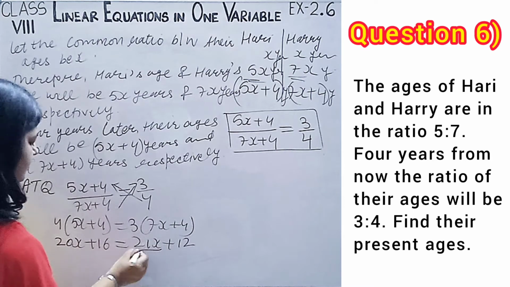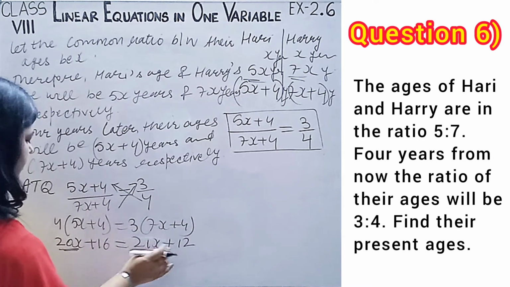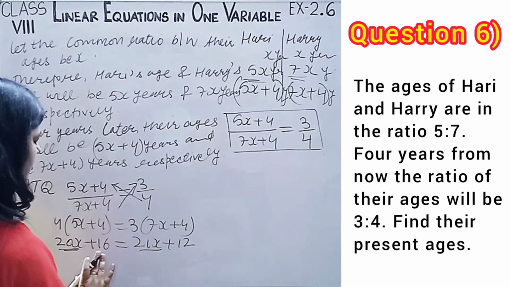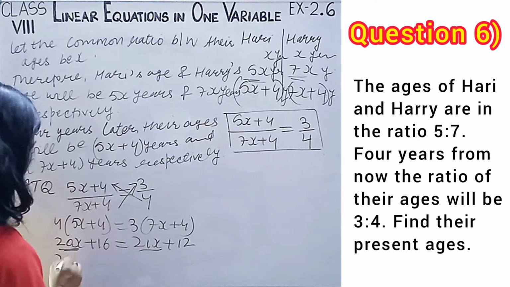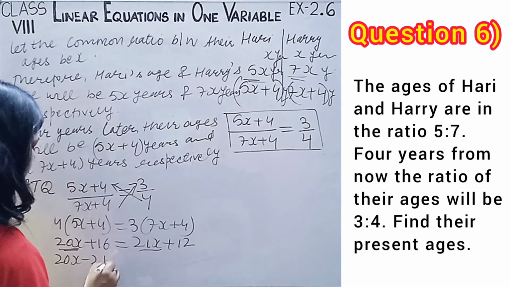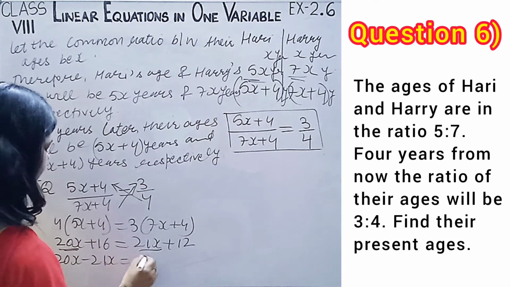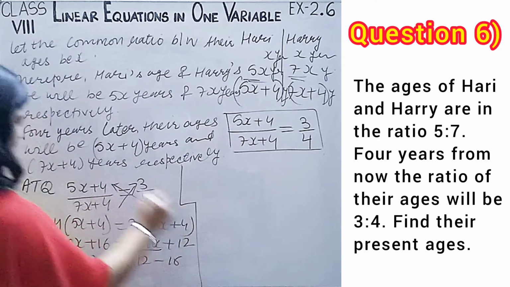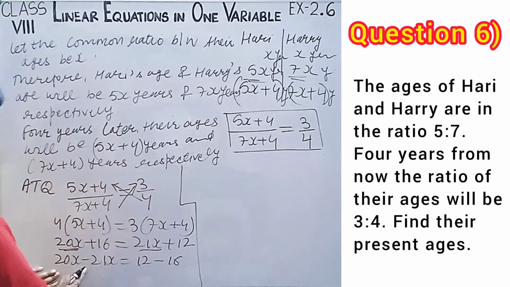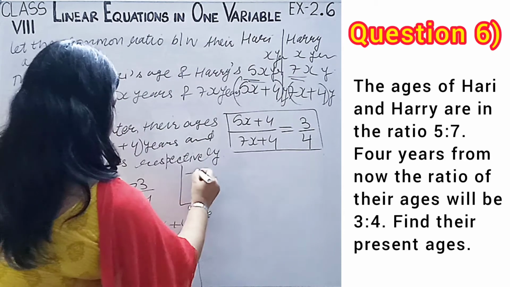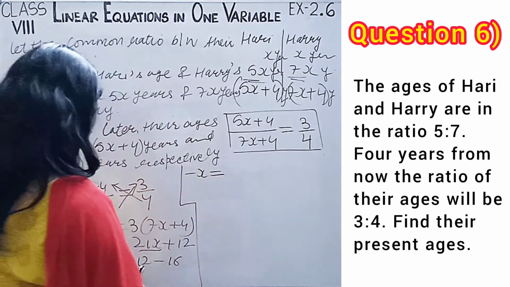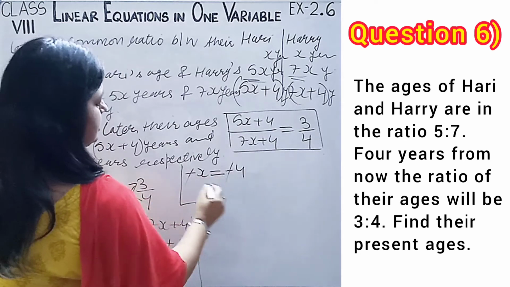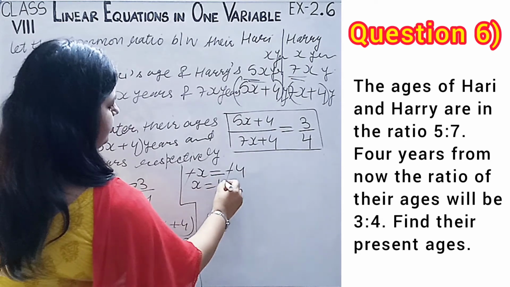So transposing variable parts to one side and all constant parts to the right side. 20x minus 21x is equal to 12 minus 16. Now 20x minus 21x, we get minus x is equal to 12 minus 16, minus 4. Minus minus cancel out, we get x is equal to 4.